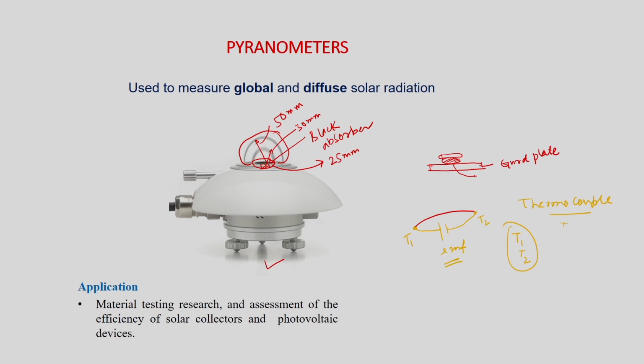One junction, some kind of spherical or circular bead, is maintained here, and the other junction is maintained just below the guard plate in such a way that it is not exposed to solar radiation. A value of 0 to 10 millivolt is generated, and this can be converted to watt per meter square by using a fitting coefficient.